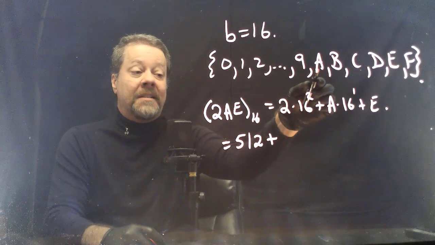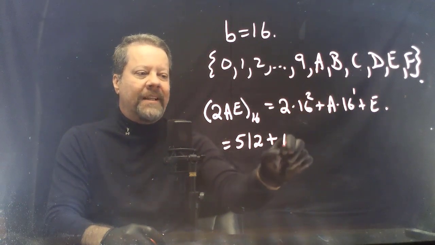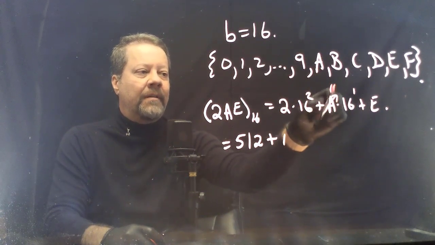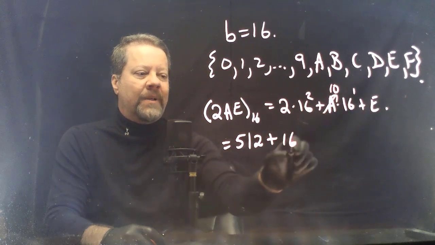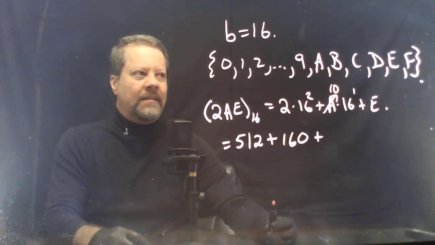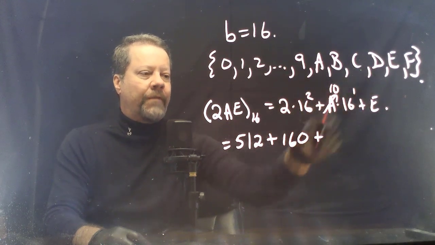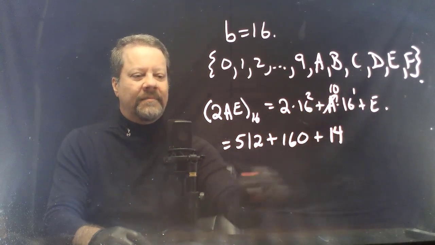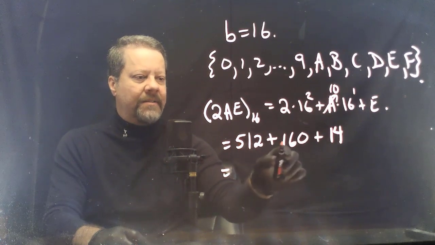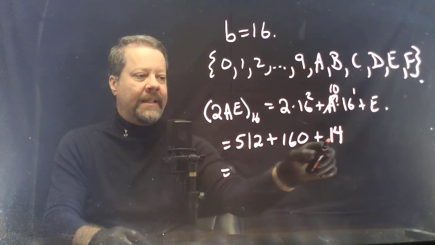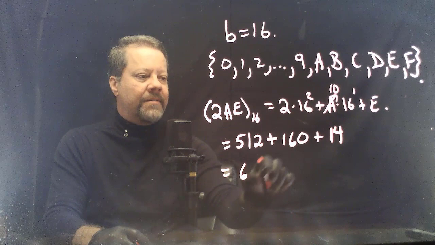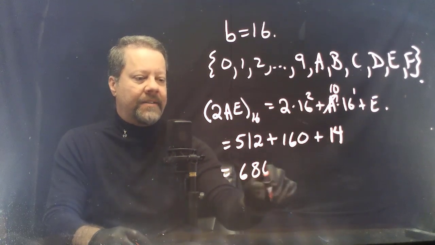A is the 10th symbol, so this is going to be 10 times 16, which is 160. So what symbol is E? We have 9, 10, 11, 12, 13, 14. So that's 672, 686.